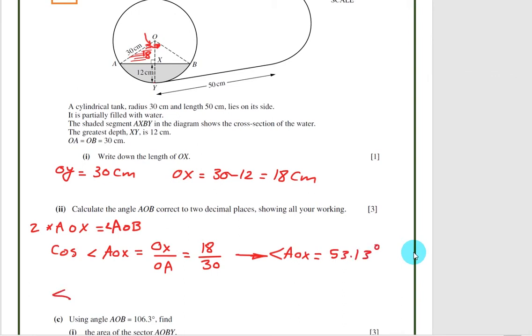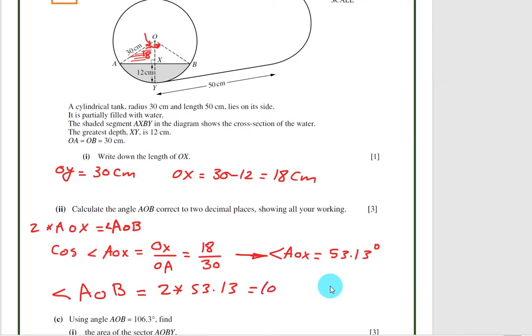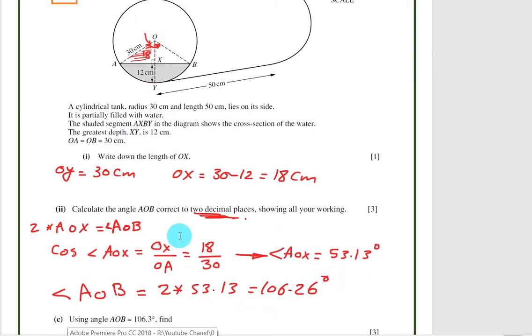So the angle that he needs, AOB, is equal to 2 multiplied by 53.13, which is 106.26 degree, correct to 2 decimal places. So this is your angle, 106.26 degree.